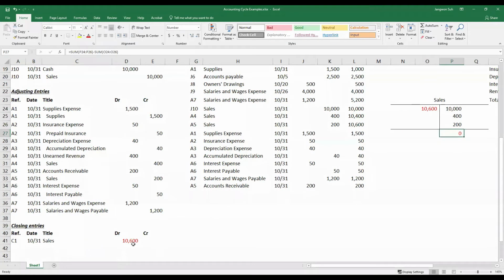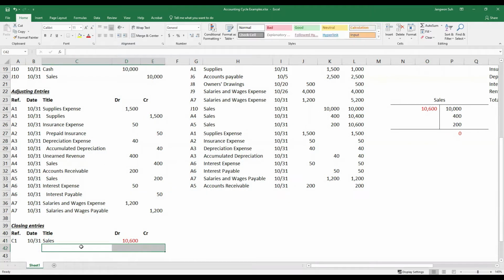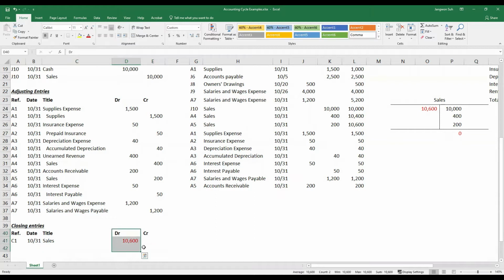Okay, that's cool, but can sales stand by itself? No, we've seen that all of the entries are debit and credit being balanced. This is a standalone debit. You cannot leave it alone.